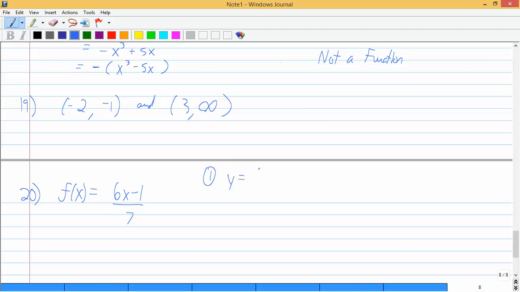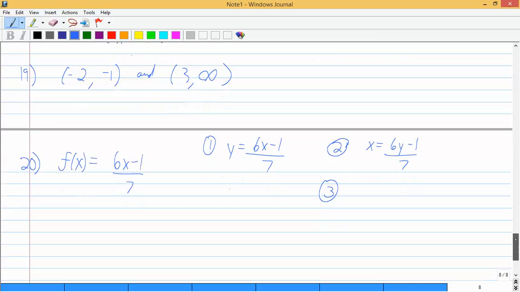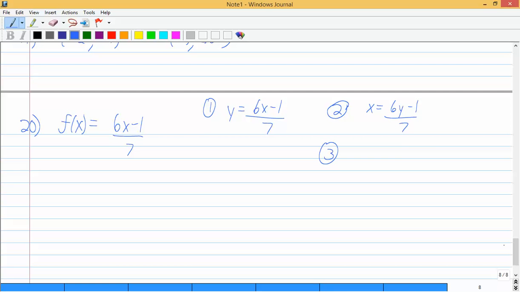So y equals 6x minus 1 all over 7. Step 2 is to interchange x and y. So x equals 6y minus 1 all over 7. Step 3 is to solve for y. So you have to get the y by itself.